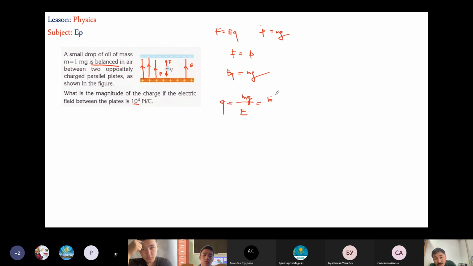That means 10 to the power of minus 6 times 10, since the gravity is 10, and over 10 to the power of 4. So that will be 10 to the power of minus 9 coulombs here. Or I can write it as 1 nanocoulomb. Nano means 10 to the power of minus 9.